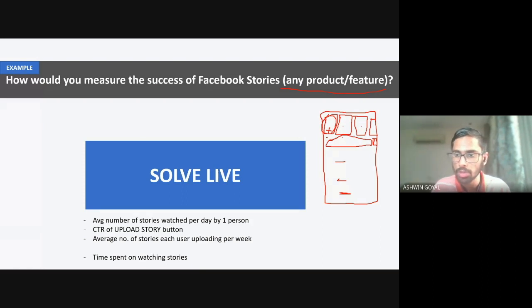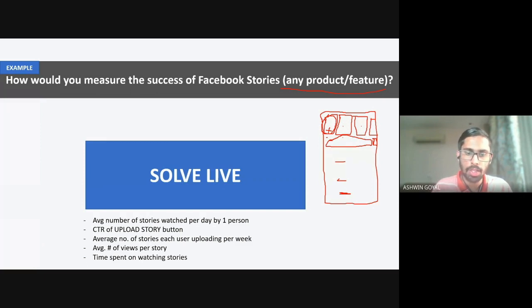Average number of views a story is getting, which is posted by an average guy using Facebook. Yes. So number of views actually, number of views per story. And whenever we talk about these things, we always look at the average. Average number of views per story.